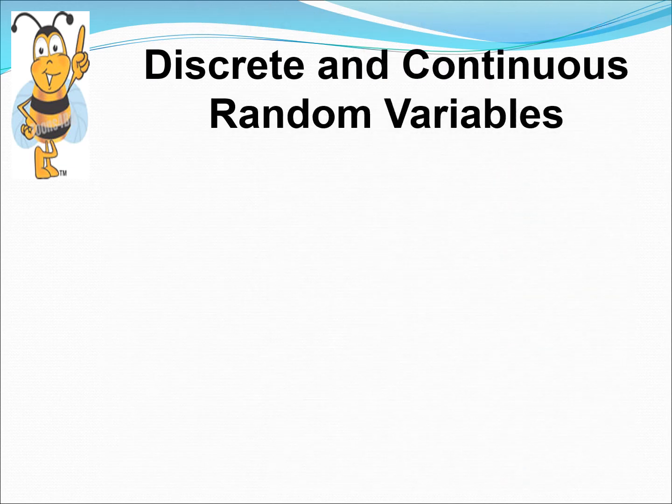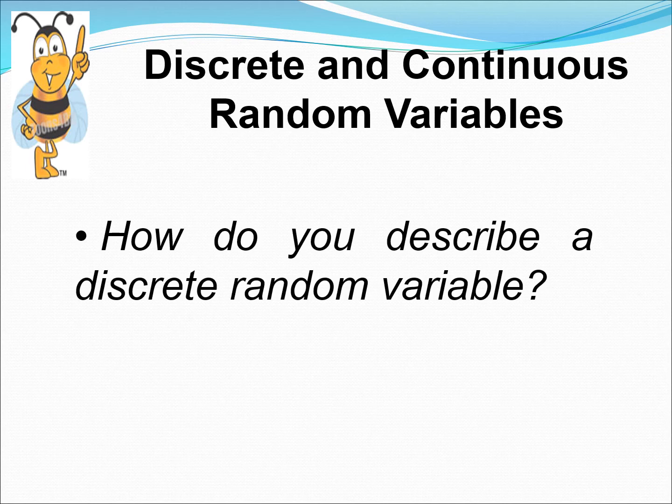So, the possible values of the random variable from this example are 0, 1, 2, and 3.